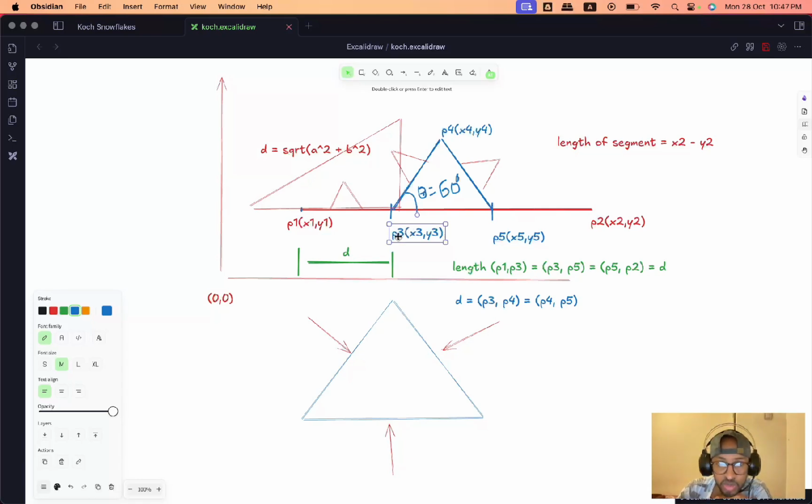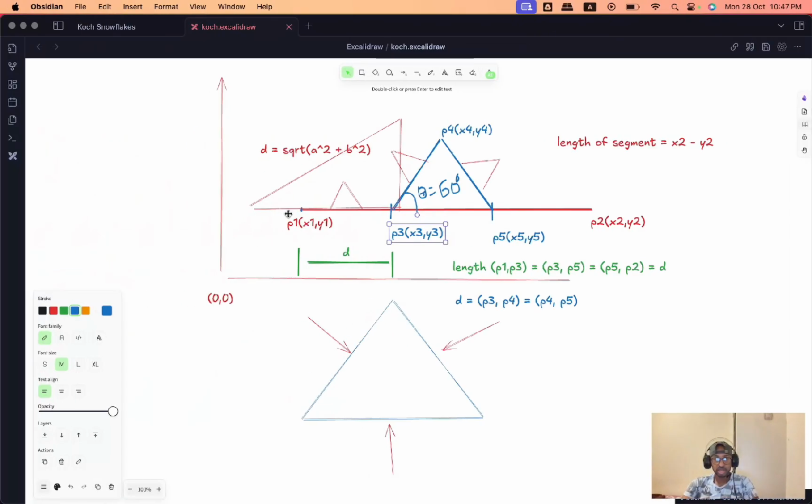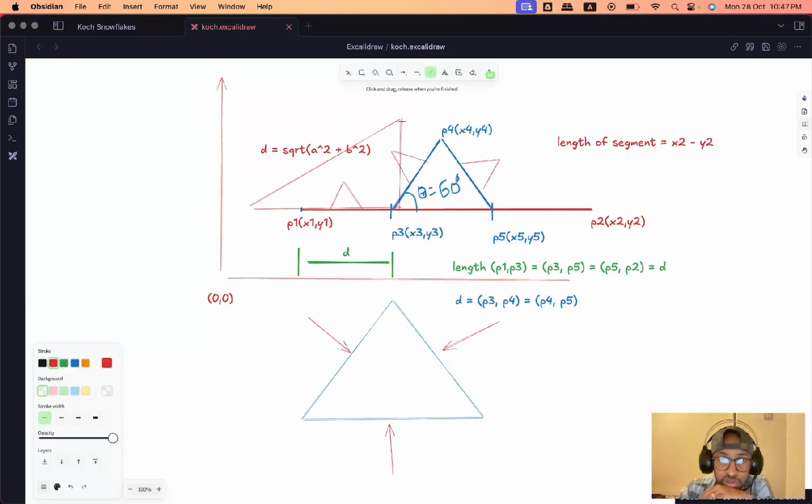Point P3 will be, in the x-axis, P1.x plus d, and in the y-axis it will have some component. So we need to find the x and y components of d. Again, from what we have, this is the hypotenuse.